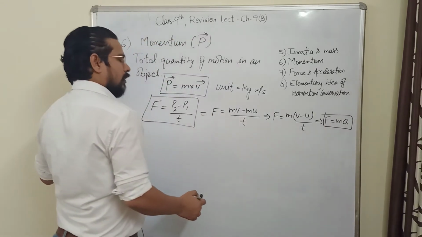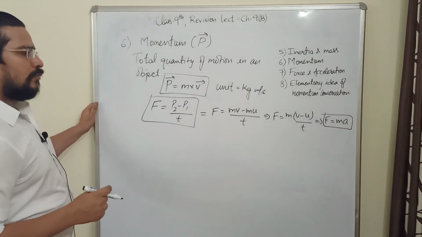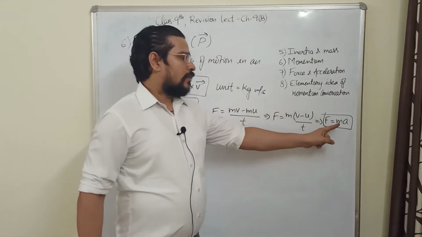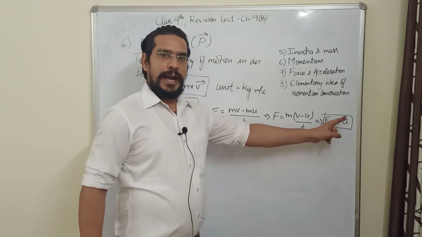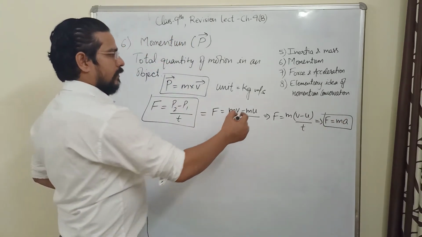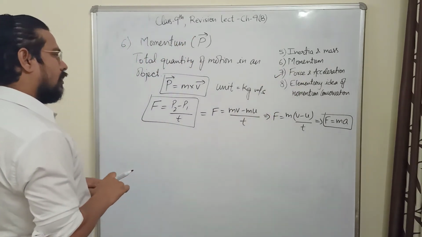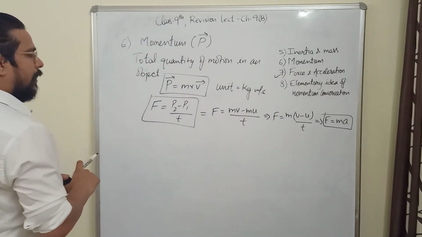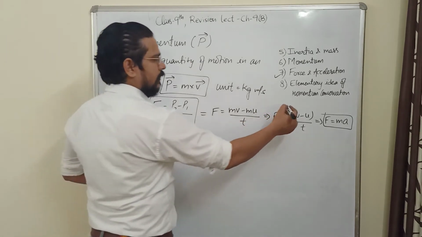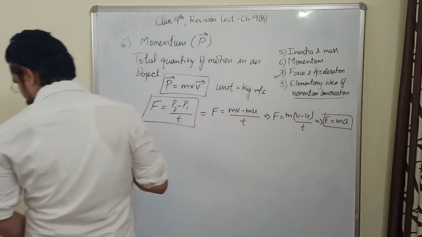So this equation not only expresses Newton's second law, but this is also a characteristic equation for defining acceleration, which is our next topic, force and acceleration. So this is momentum, and momentum conservation we are going to discuss in the next topic.